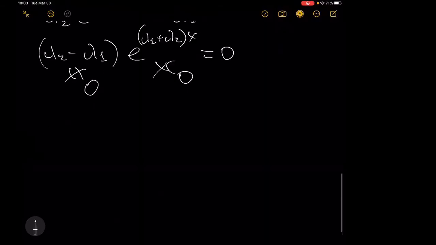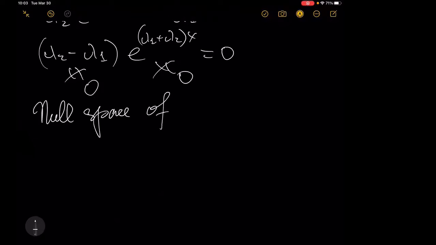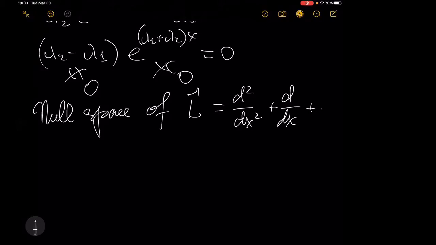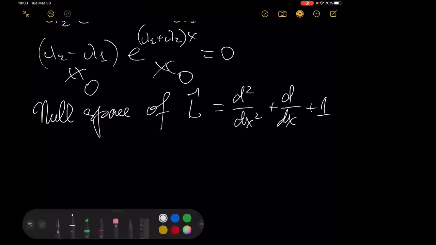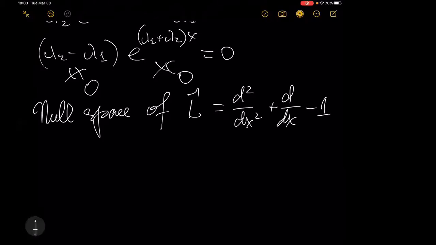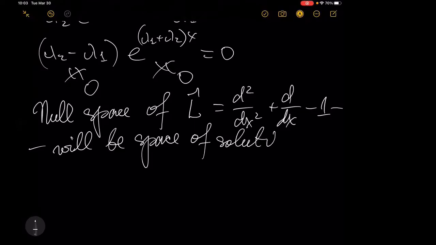so what we have shown? We have shown that null space of L, which is d2 by dx squared plus d by dx plus 1, minus 1, sorry, we replace it with minus 1, will be the space of solutions. So have a look.